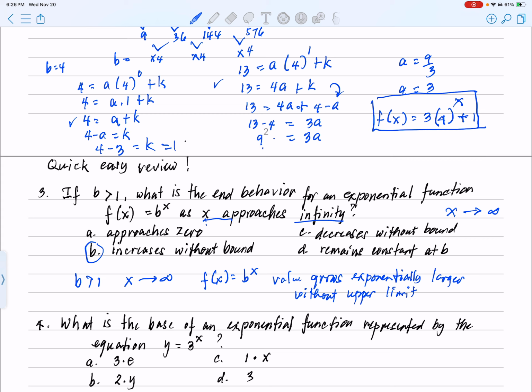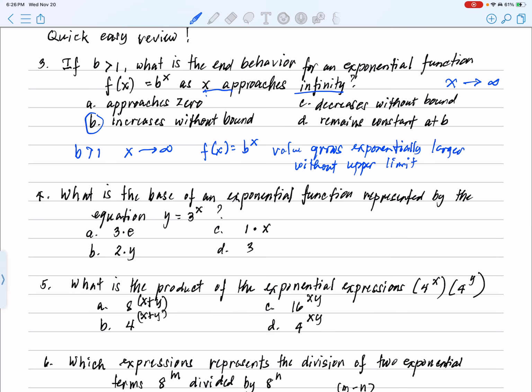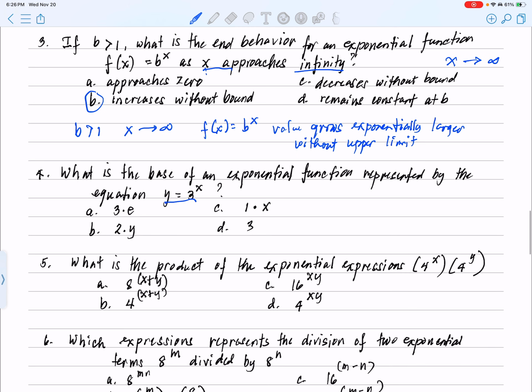What is the base of an exponential function represented by y equals 3 to the power of x? Is it A, 3 times e, B, 2 times y, C, 1 times x, or D, 3? The answer here is D. In an exponential function y equals 3 to the power of x, the number being raised to a power, which is x, the number that is raised is what we call the base.